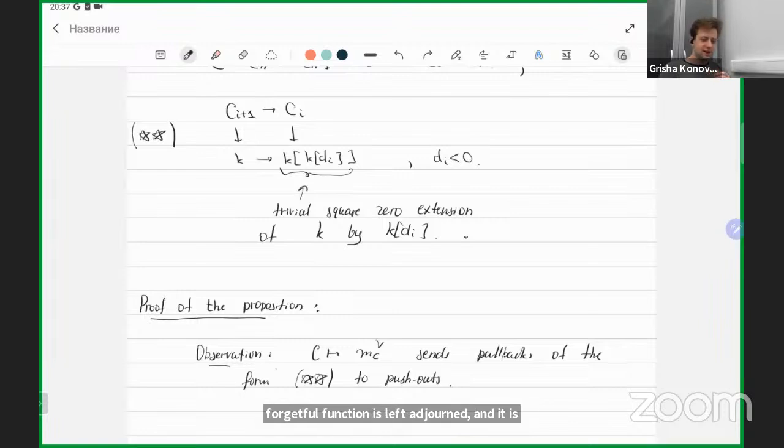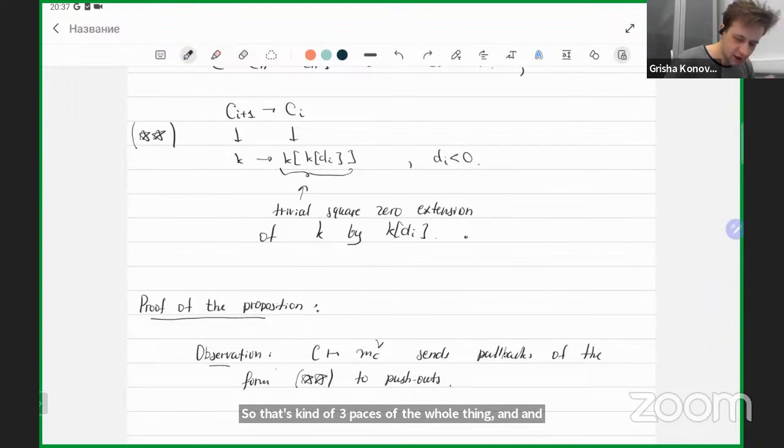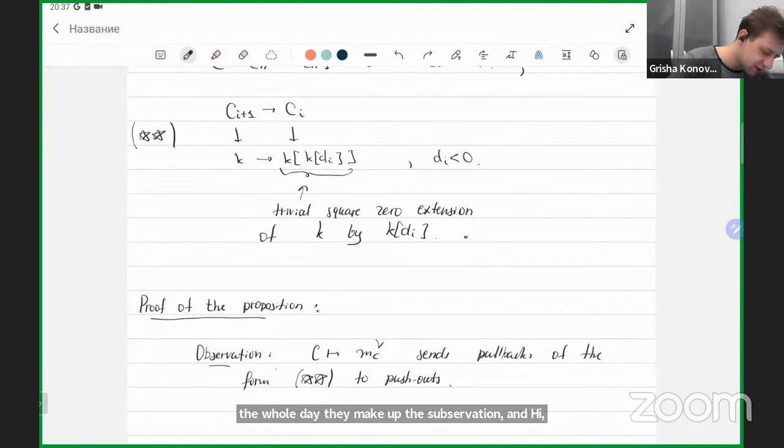So that's three pieces of the whole thing, and together they make up this observation. Was it understandable? Do you have questions about that?